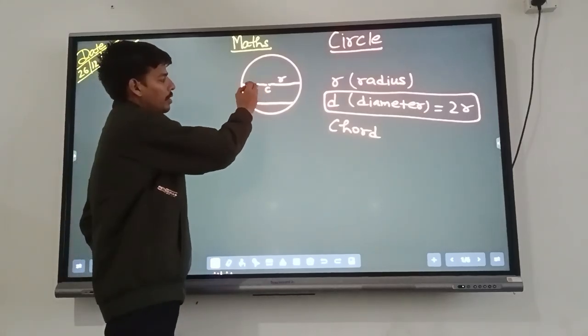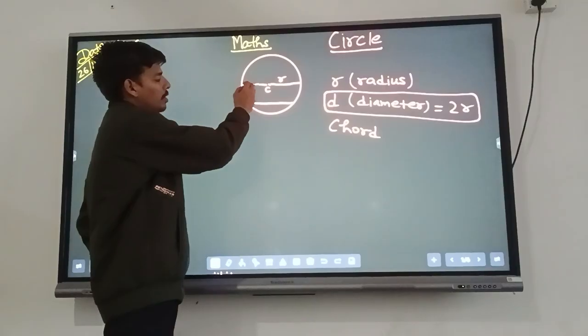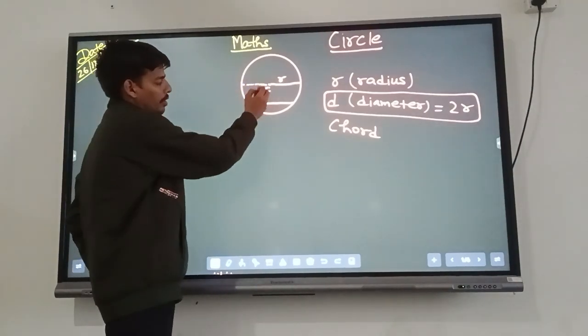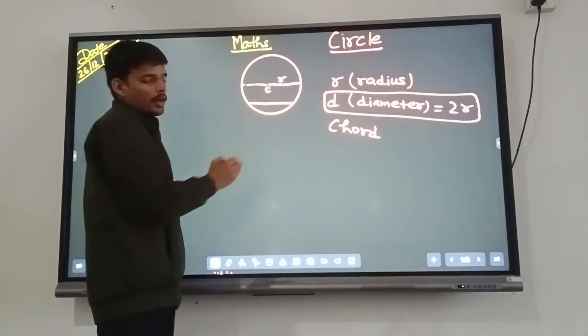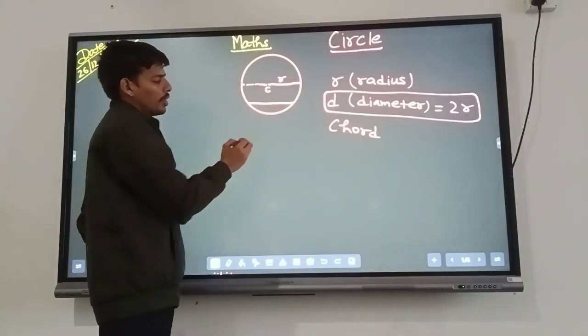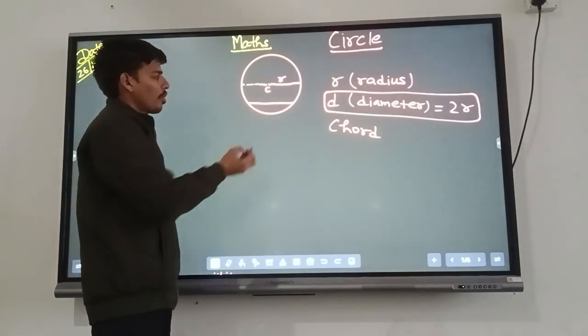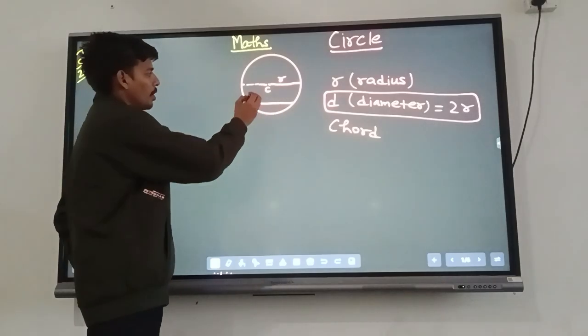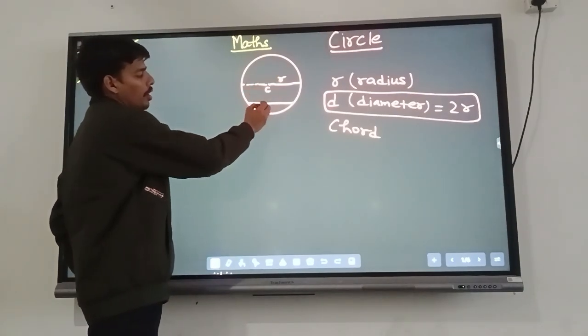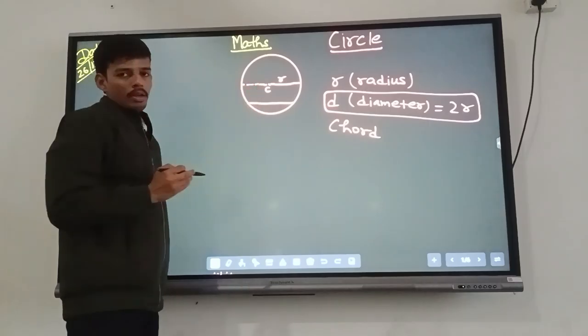The diameter is the line that passes through the center, but for chord it is not fixed. A chord joins only 2 points of the circumference from anywhere. This is center, radius, chord, and the total line, diameter.